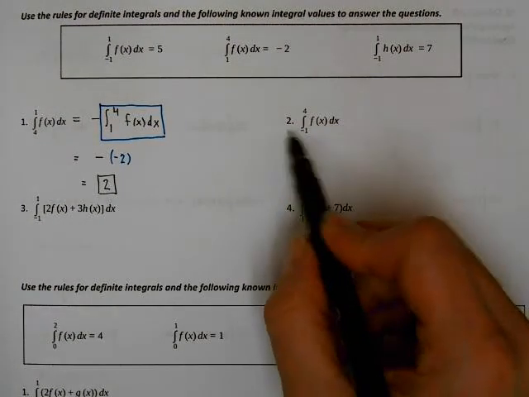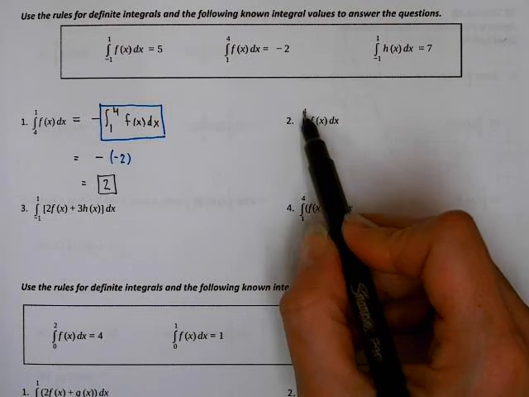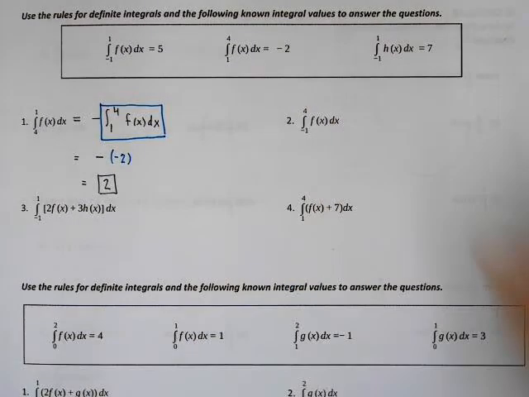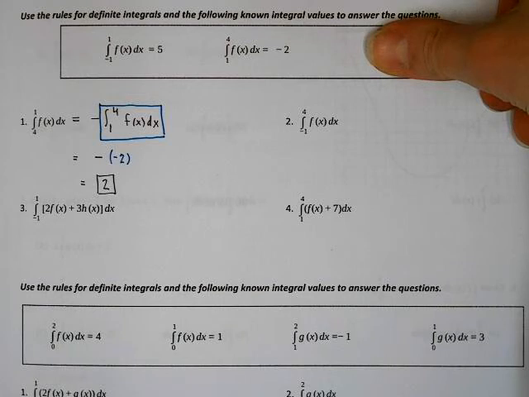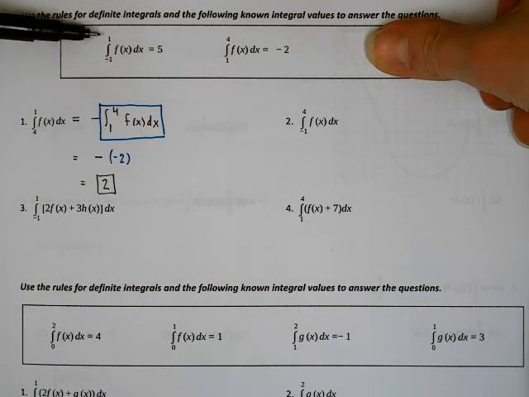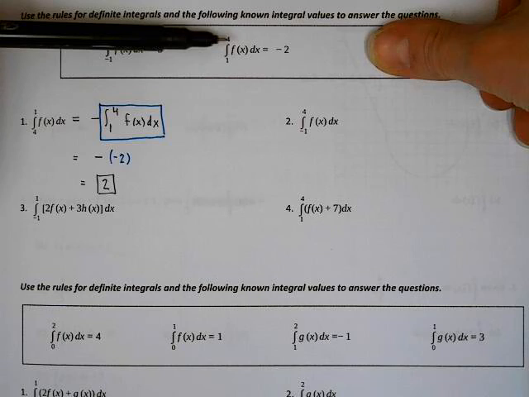For number 2, now I want the integral from -1 to 4 of f of x dx. Right away, I know this is not going to be helpful because that has to do with h. So I have two integrals for f. One is from -1 to 1, and one is 1 to 4.